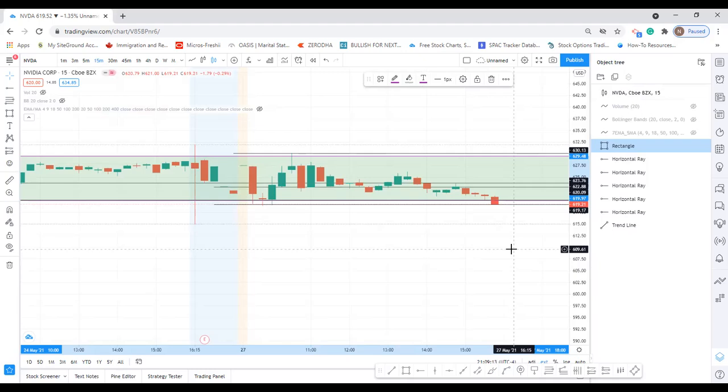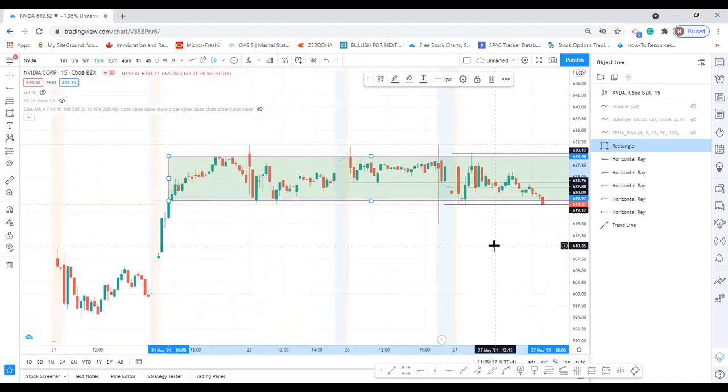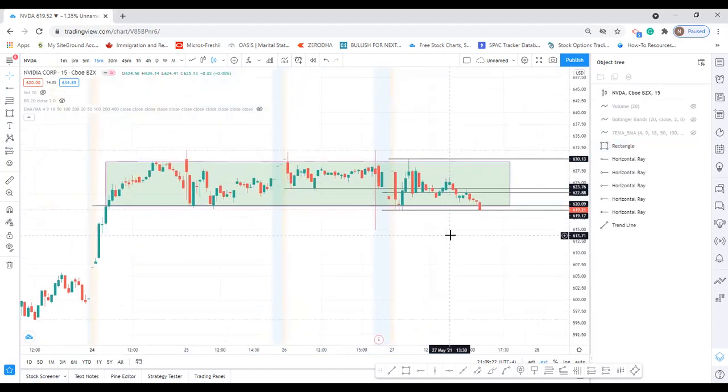I'm predicting, so I don't know what is going to happen tomorrow, but this is based on the chart. I never played NVIDIA, but if you really want to play it tomorrow, short below 619, you will get 615, and then 605. If 615 comes, 605 is very likely to come.